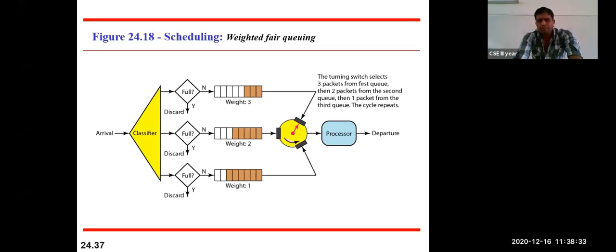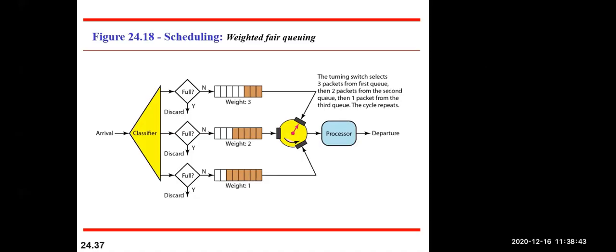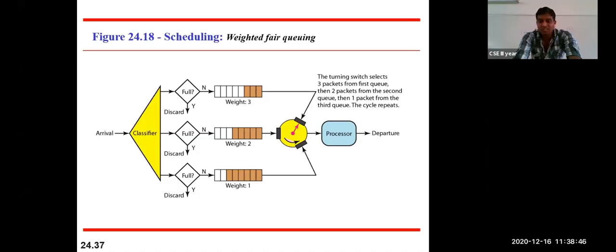It will go round robin. Do you remember round robin CPU scheduling algorithm? It gives equal priority to all the processes. It gives a time quantum to each process and then goes to the next process, whatever the priority.